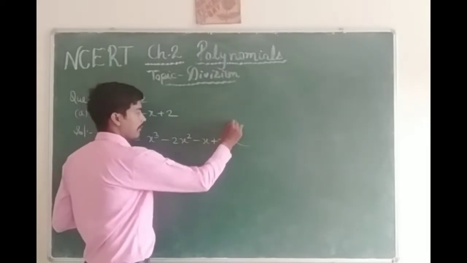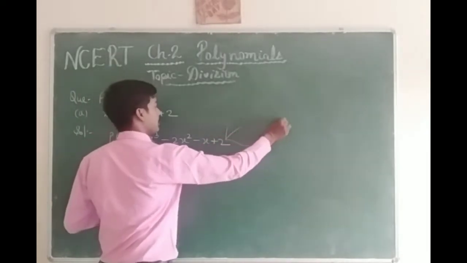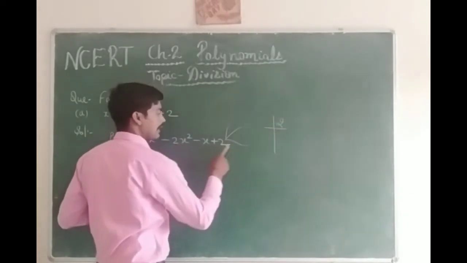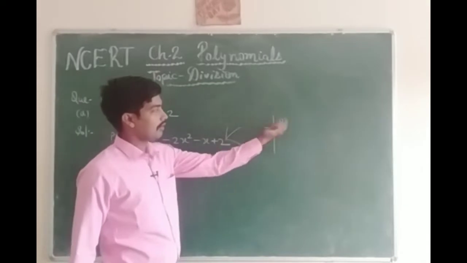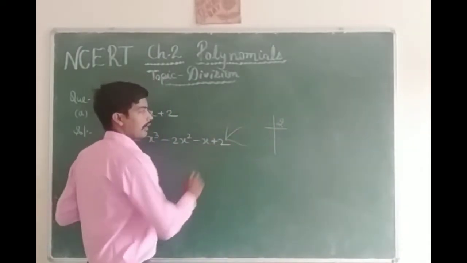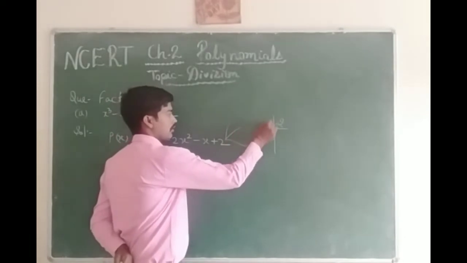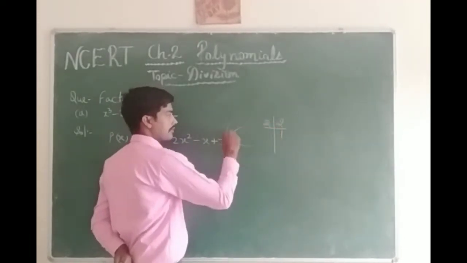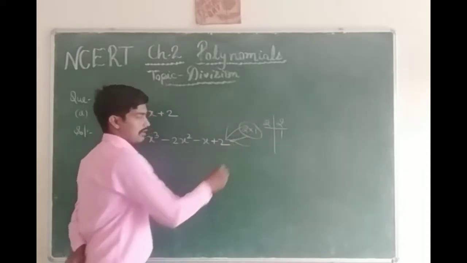It may be possible that for another number like 10, 8, 9 the factors would be different, but here the constant is 2. So when we factorize, we get 2 times 1. It means we can write 2 into 1 for this constant.